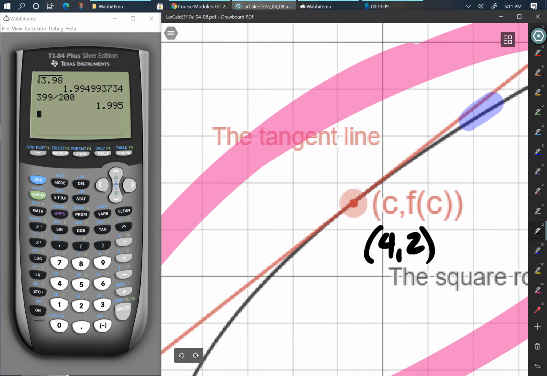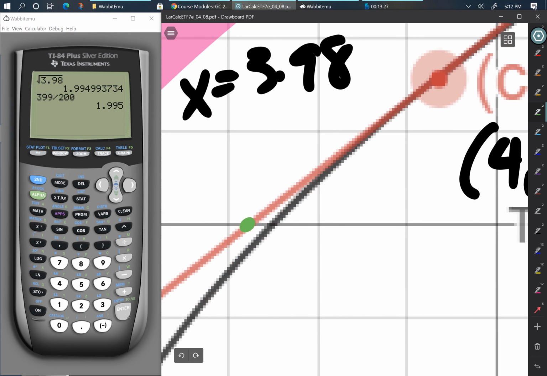Then 3.98 is somewhere over here, and the tangent line is a little bit above the curve. That difference between the point that is on the tangent line and the actual value is why we get 1.994993734 and 1.995. This little tiny difference is where they're off by.